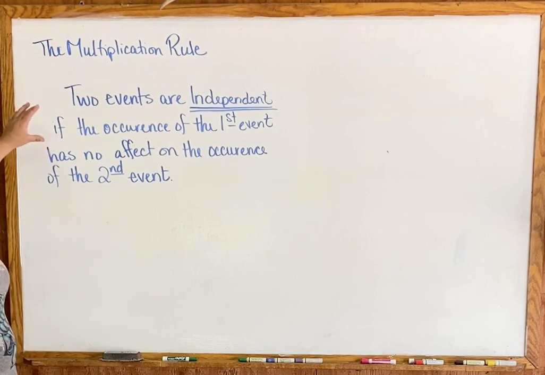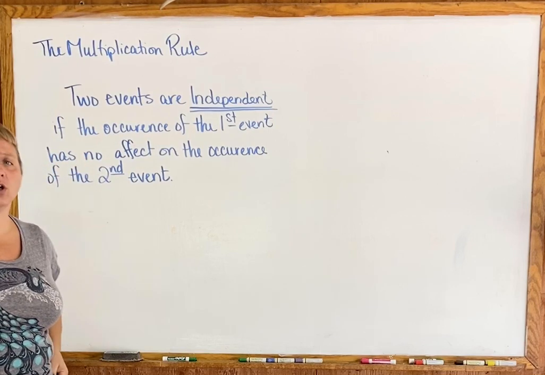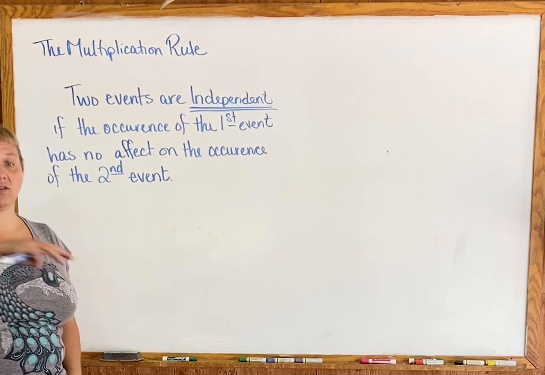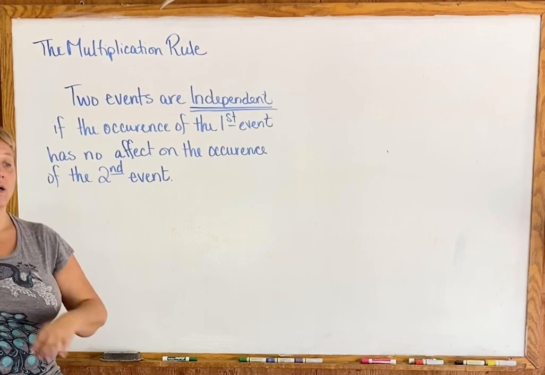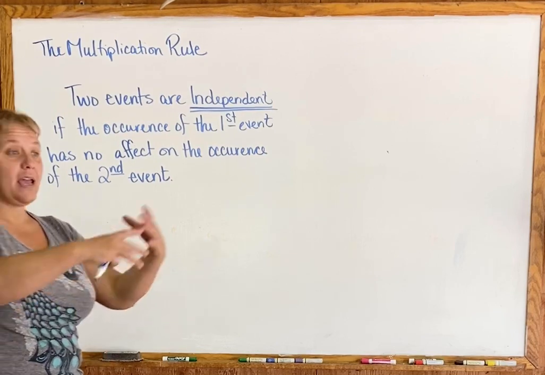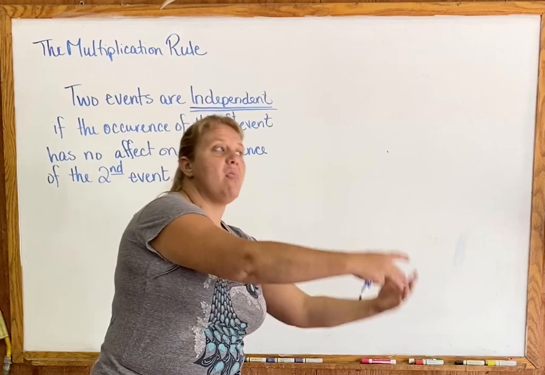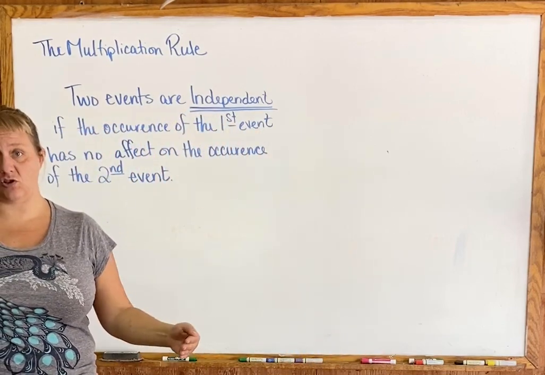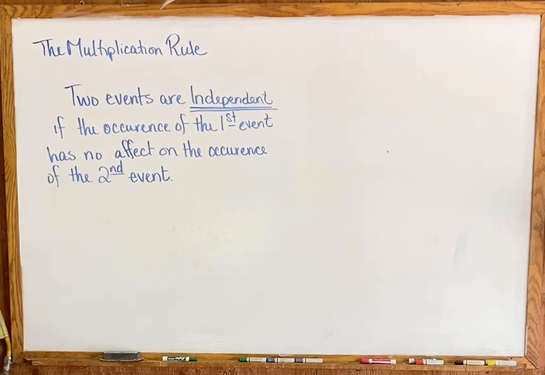But what we notice here is when two events are independent, the occurrence of the first has no effect on the occurrence of the second, which means we're looking at events happening one after another. So I don't want this or that. I want this first thing to happen, and then another thing, and then another thing. So I want things happening in order or in succession. And that's when independence comes into play.